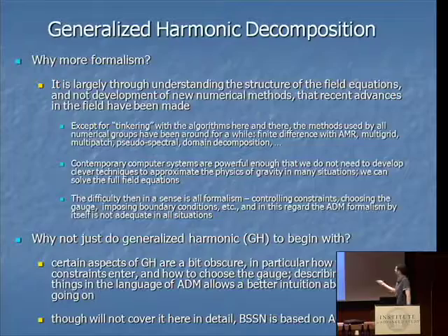The other reason why it's mostly been in the formalism is that contemporary computers are powerful enough that we can actually solve the full field equations in certain situations of interest, for example, a binary black hole problem.